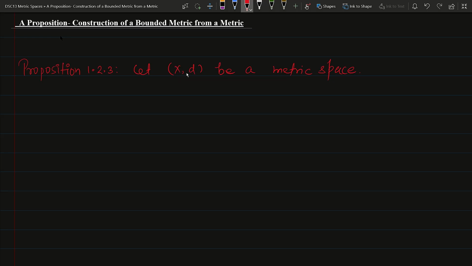Okay, and calling any map a metric means that it follows all the four properties.